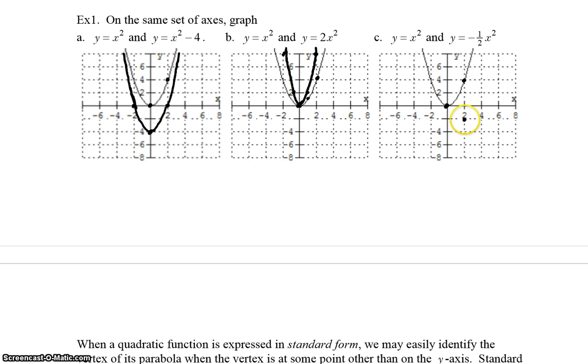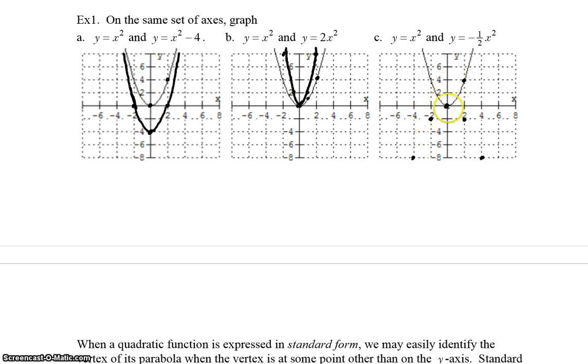So we'd have the point at 2, negative 2, and then another point which is actually not appearing on the graph of y equals x squared here would be 4, 16. That would move to 4, negative 8. Half of 16 is 8, and then we reflect across the x-axis. And then we would have points also at negative 2, negative 2, and negative 4, negative 8.